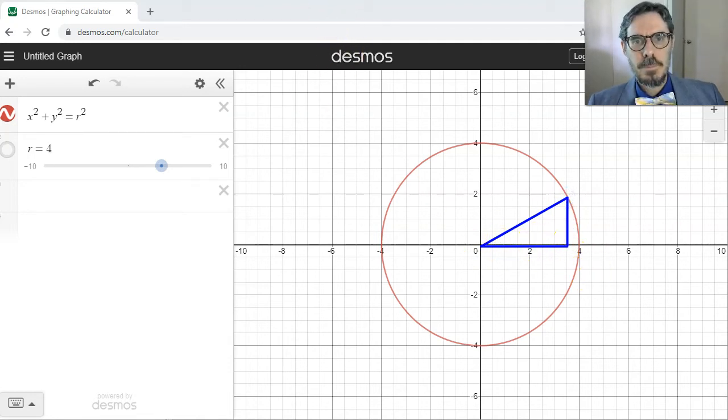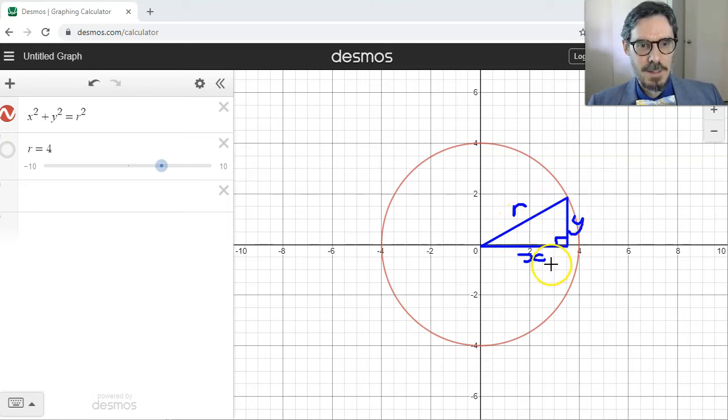Now, this is x and this is y and that's r. But this is a right angle triangle. So x squared plus y squared must equal r squared.